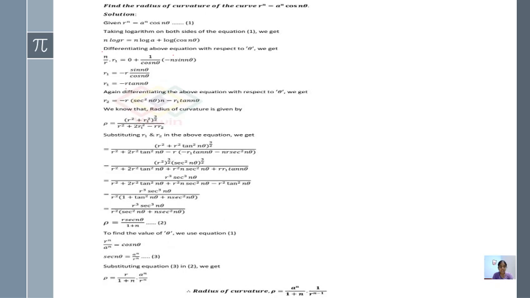square plus 2 into again r1 square value, minus r into r2 value, which is minus n into r secant square n theta minus r1 tan n theta.